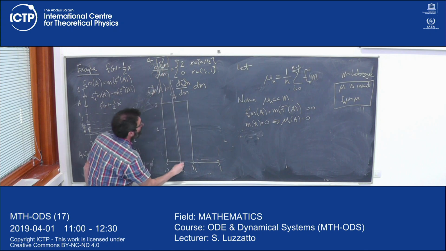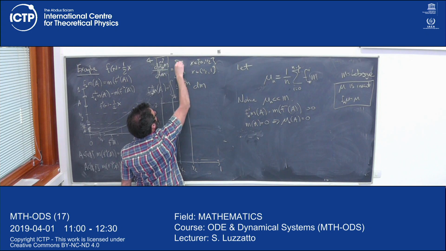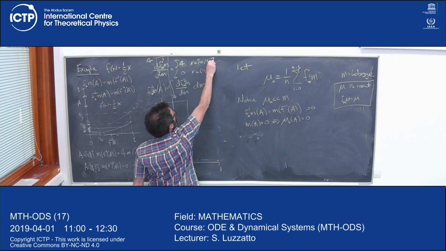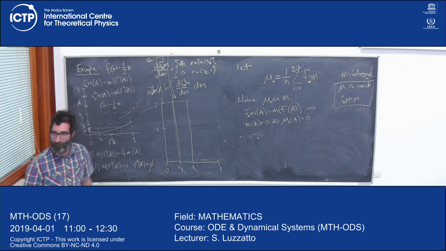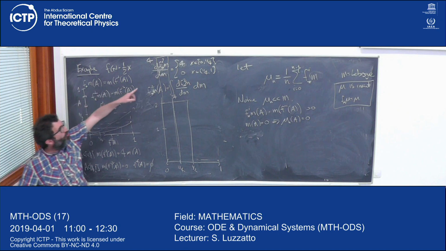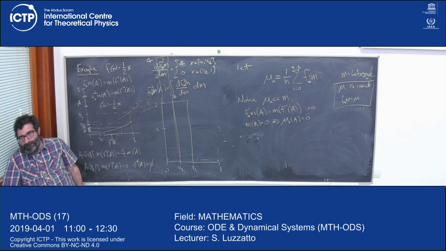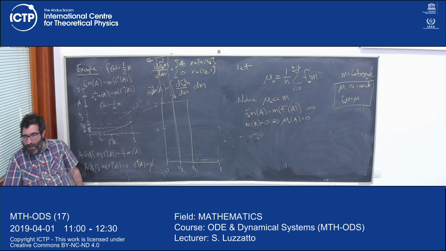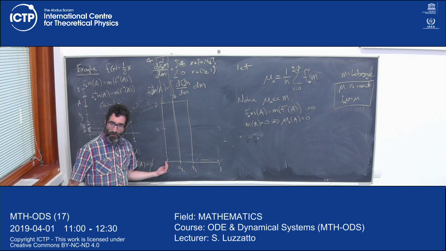So now this density is equal to 4 for x in 0, 1/4, and 0 between 1/4 and 1. This is the density of f2 star. So we can easily see what is happening as we go on: you will just get this concentrated more and more.